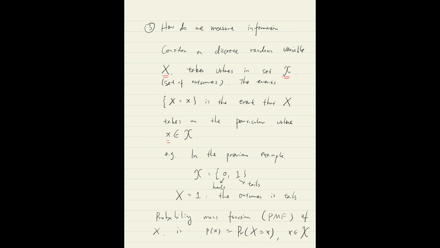And all the values of X are in a discrete set, so it takes values in a set. Normally we use calligraphic X to represent this set. If it's not a random variable, you can think of this as the sample space, all the possible values of X, or a set of outcomes.